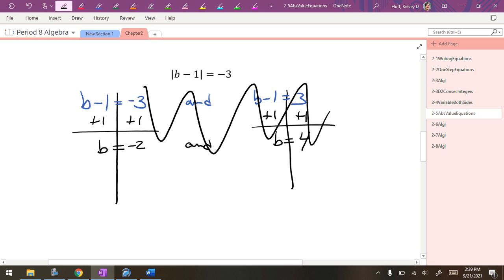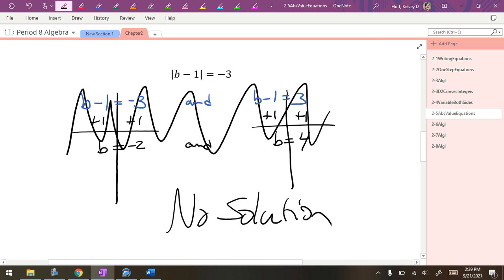Your absolute value cannot equal a negative number. No solution. If I just told you that if it's equal to a negative it's no solution, you're never going to remember that. Now, in your homework, where you see the absolute value equals a negative number, you can write no solution. You don't even have to write it out.